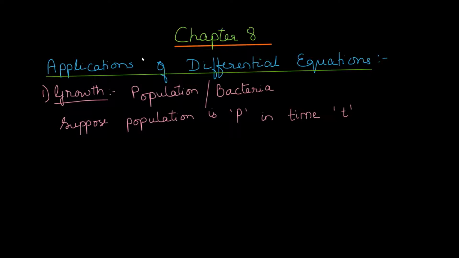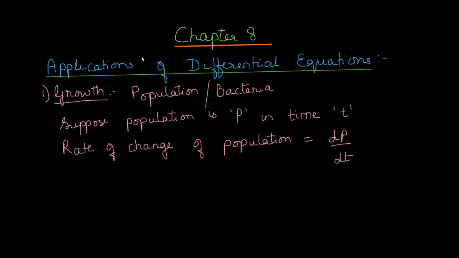Now, the population increases as time goes by, and therefore we say that the increase in population in time t is given by the rate of change of population. So rate of change of population is given by dP by dt.